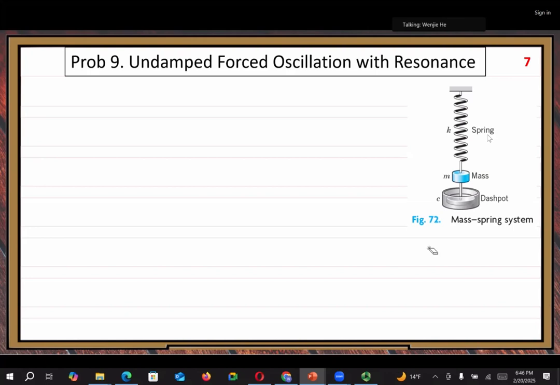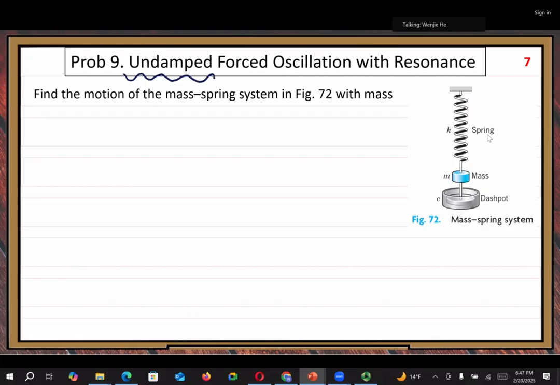Let's look at the question. Undamped, but this dashed part is the damping part, because C we call the damping constant.